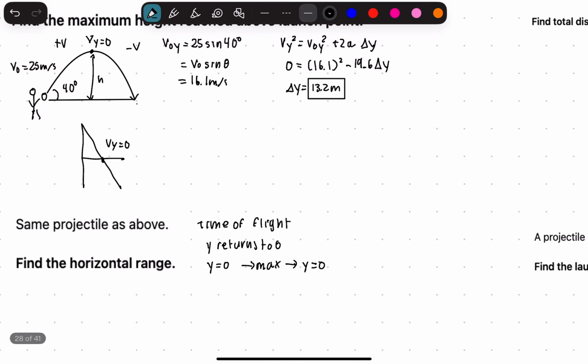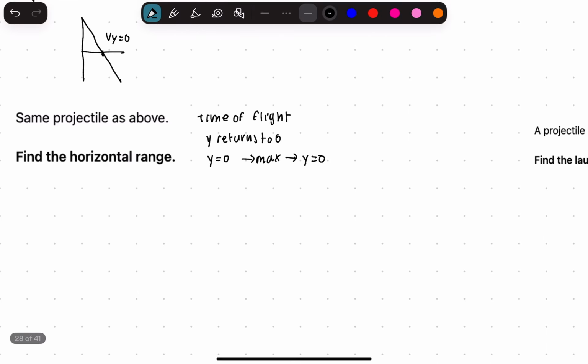So our equation for time is t is equal to 2 times v initial y divided by g. If we plug in our values, we have 2 times 16.1 divided by 9.8. That's going to be 3.29 seconds.